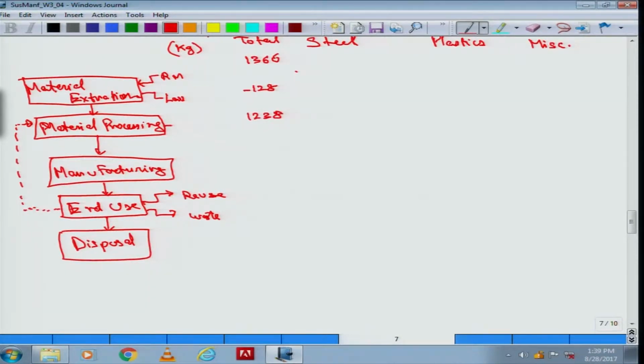And in material processing we also had loss. At all the stages we had loss, and in this final disposal stage we had landfill and recycle.